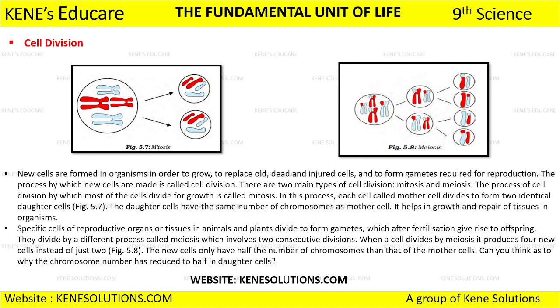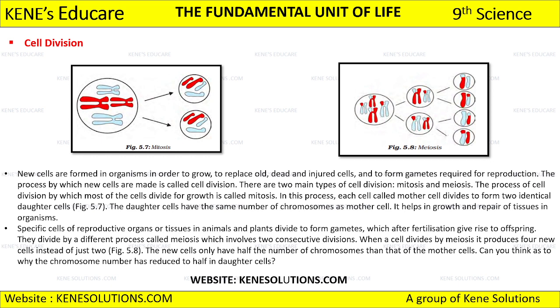Okay, so the first paragraph is giving us more information about mitosis. Now the second paragraph is giving us information about meiosis. So see, mitosis was happening with respect to growth and repair of tissues, right?